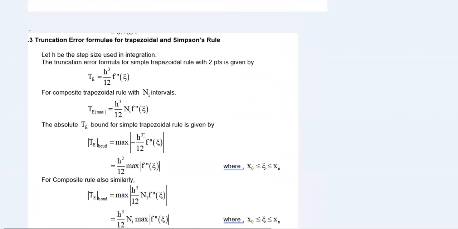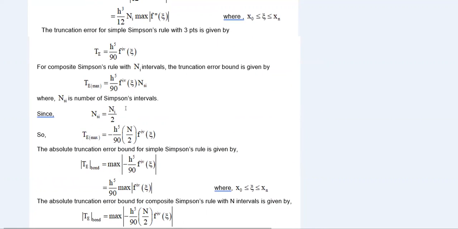This is for the trapezoidal rule, and this is for Simpson's rule.